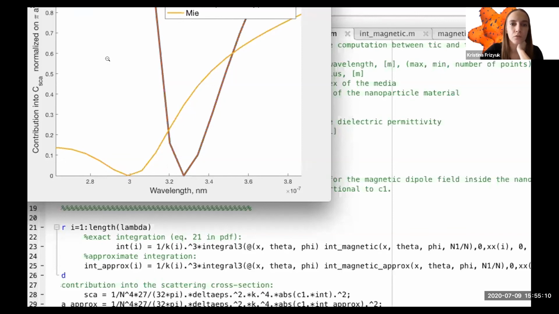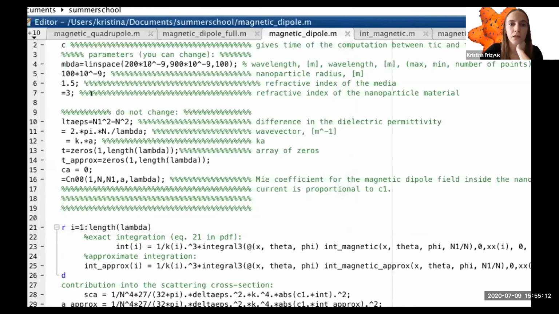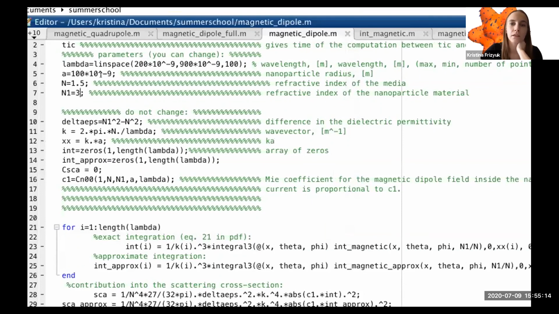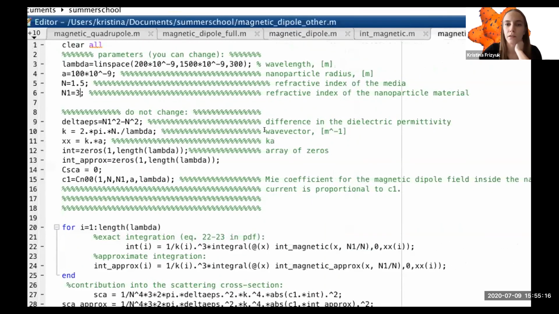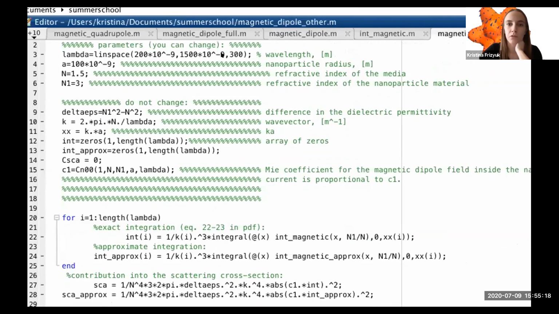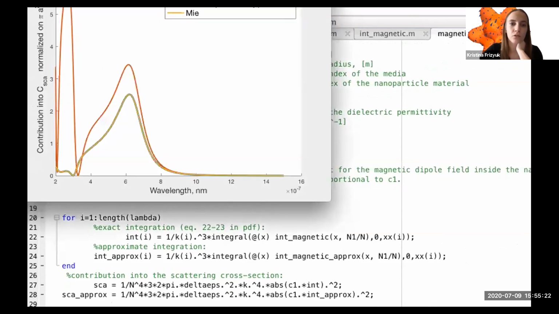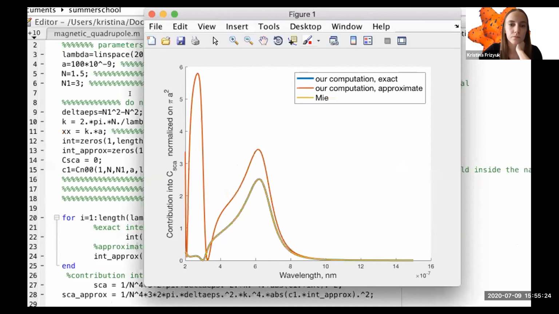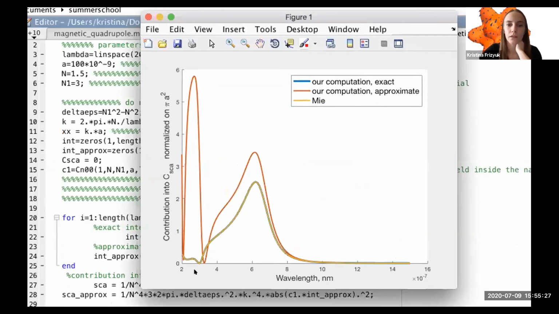Maybe you have put different values. And it was about not electric anapole, but magnetic anapole. I didn't mention it. Maybe that was the problem. So it should be like this. And now you just need to choose of these two guys.